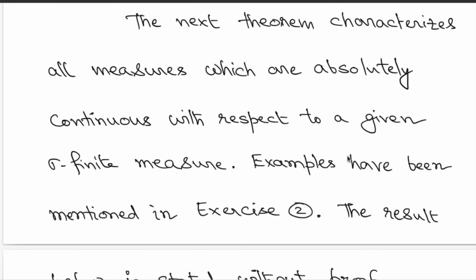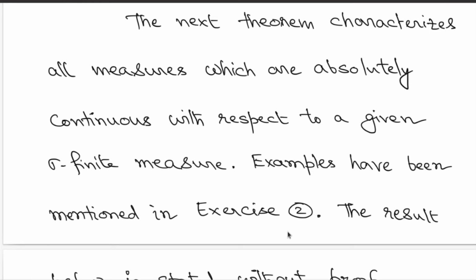Okay, so that is the next theorem. This is going to characterize all measures which are absolutely continuous with respect to a given sigma finite measure. Now we have mentioned earlier the examples in exercise 2. In exercise 2, what we essentially said was that if you are given a measure mu and you integrate non-negative measurable functions, you are going to get certain measures.